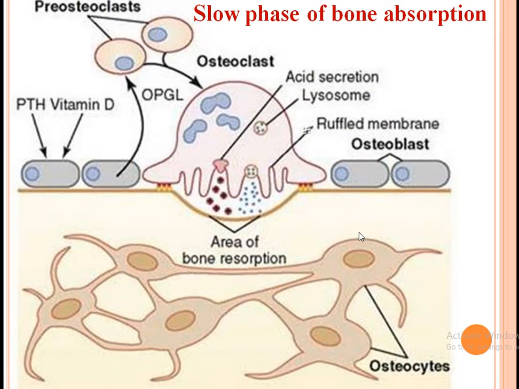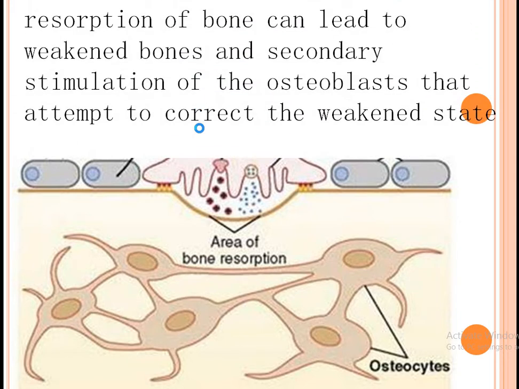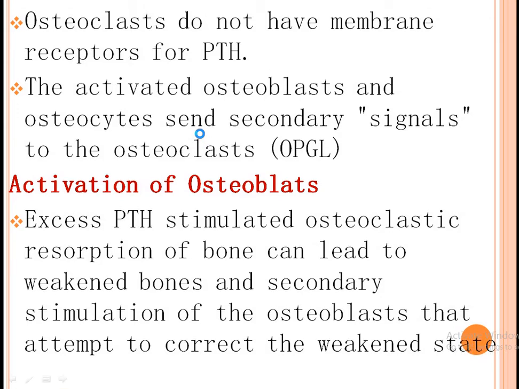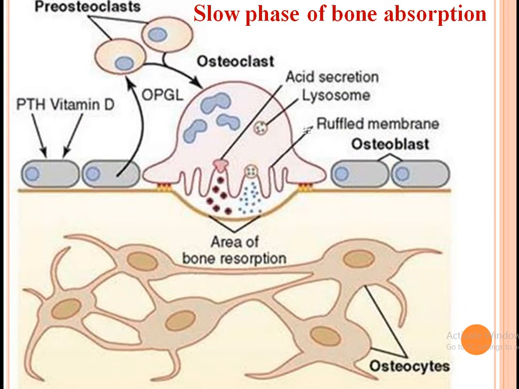You can see the lining osteoblasts and the osteocytes connected with each other, and I have shown already that they are connected to the osteoblast lining of the bones.